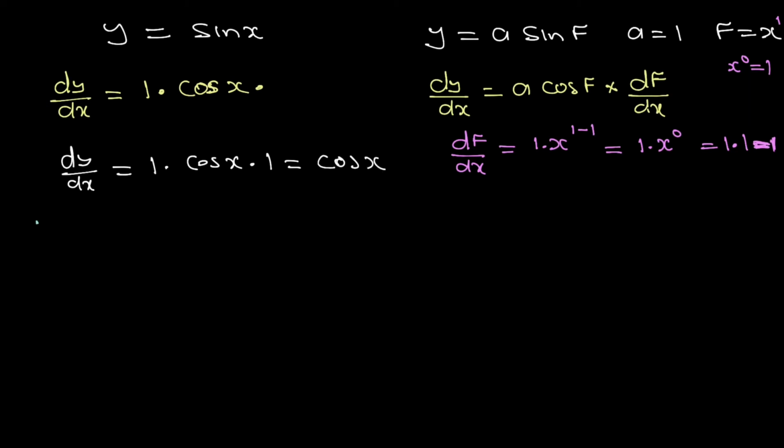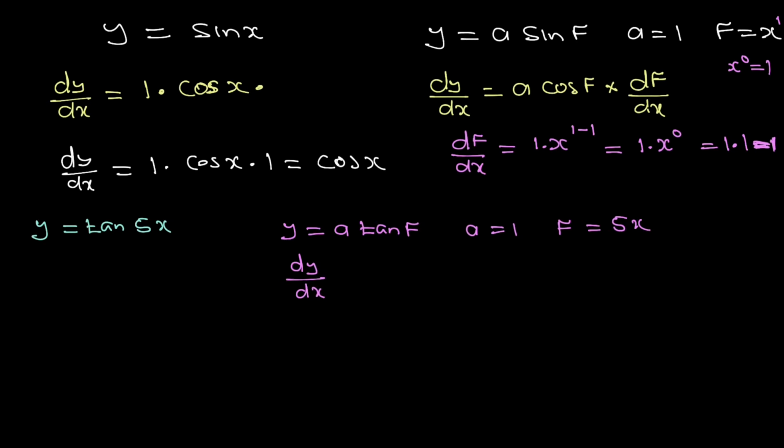Let's try another example. y equals tan 5x. We can write that as y equals a tan f, and we know a equals 1 and f equals 5x. So dy/dx is a sec squared f times df/dx.